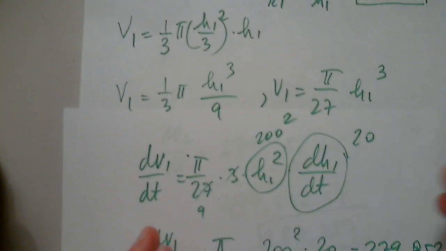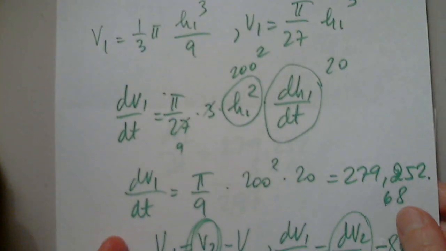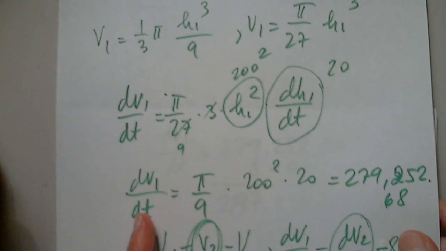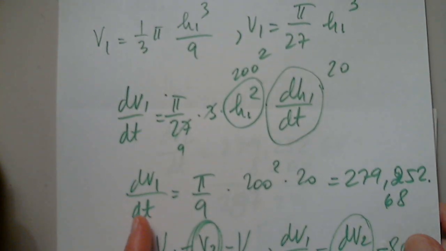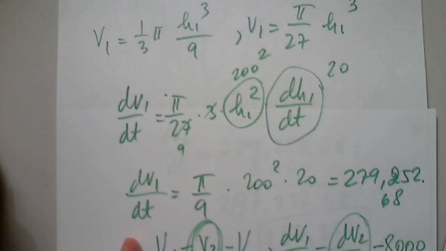I differentiated and I plugged in what I was given. So I determined at any point in time, I mean, it's a particular instant, but I determined at that instant the rate of the volume, which was this. And then knowing that this volume will always be what I pump in, which is a fixed rate, minus what I pull out, which is 8,000.